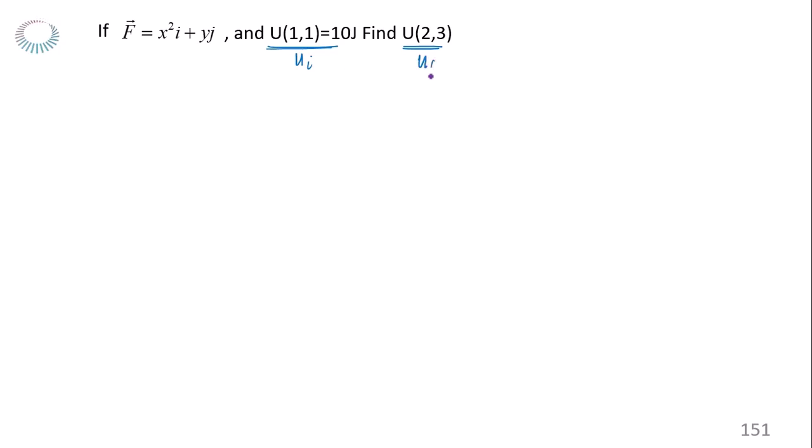So the equation is U final equals U initial minus the integral of F dot dr.